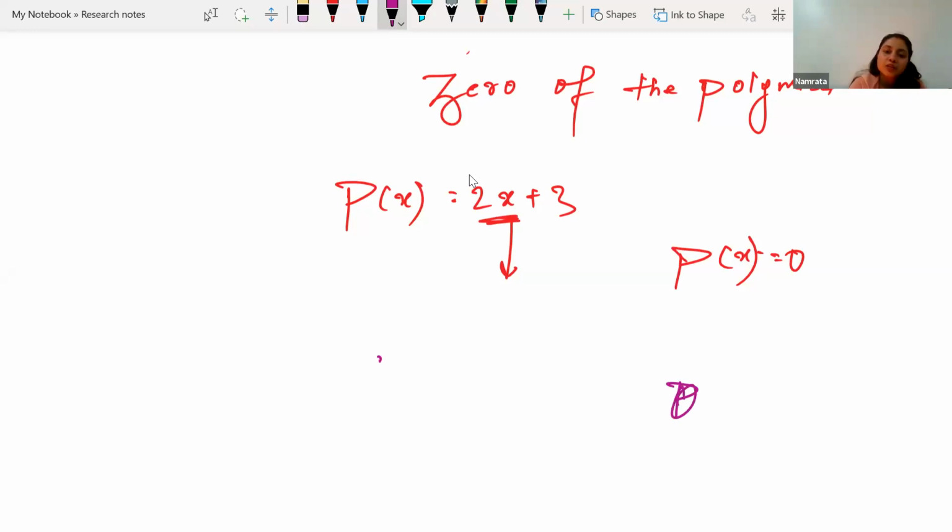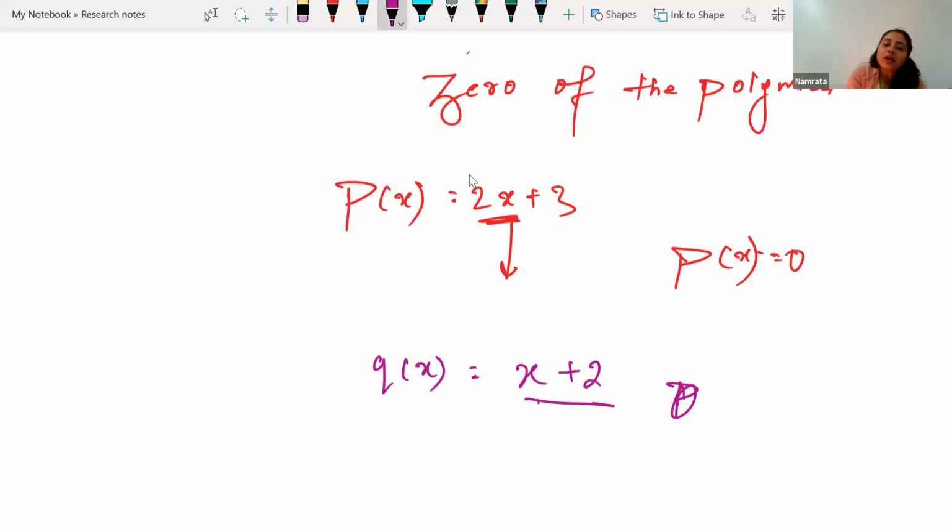Let's say a polynomial qx is equals to x plus 2, and we have to find the 0 of this polynomial. Such a value of x which will make the whole polynomial 0 is called the 0 of this polynomial.